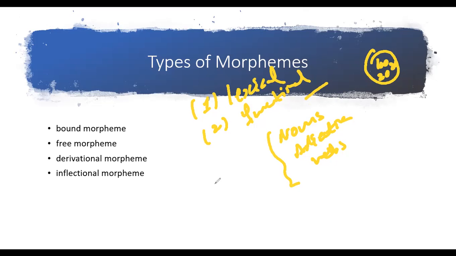On the other hand, functional words are the category of the word class which do not allow any sort of addition in the category. Such words are prepositions, pronouns, conjunctions, articles, right?